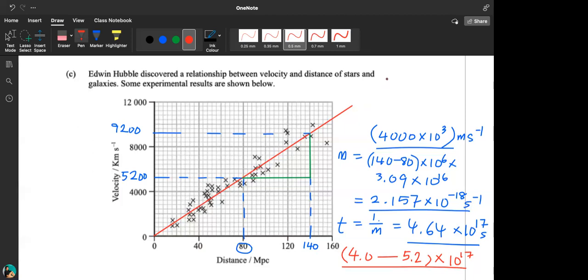Depending on the marks lah. If they give like 1 mark or 2 marks, you can take the easy points to get the gradient. If they give like 4 marks or 5 marks, then probably they want to see you take other points, like the more complicated ones. So depending on the mark given.